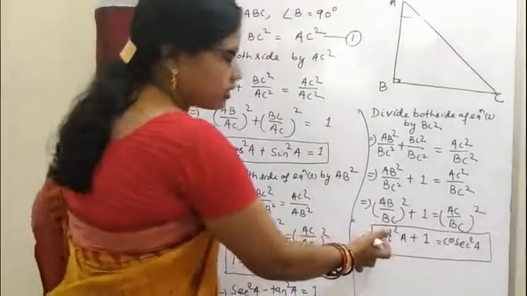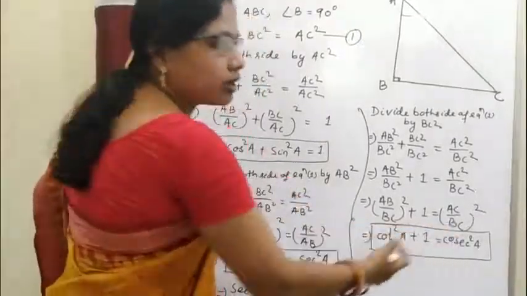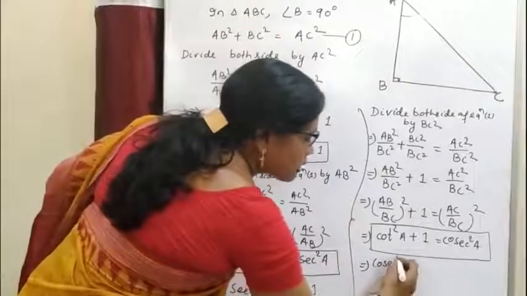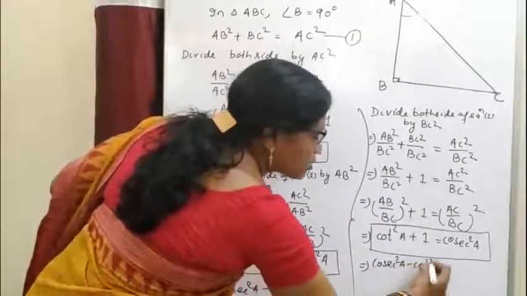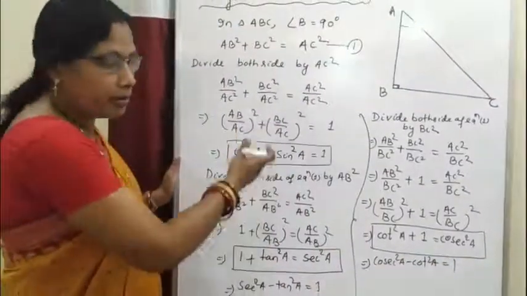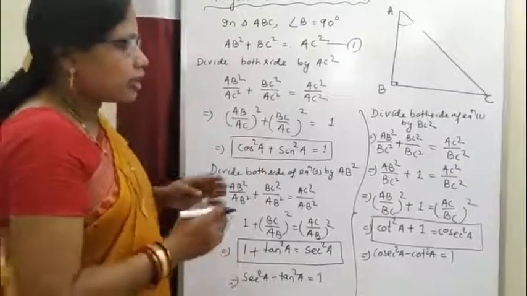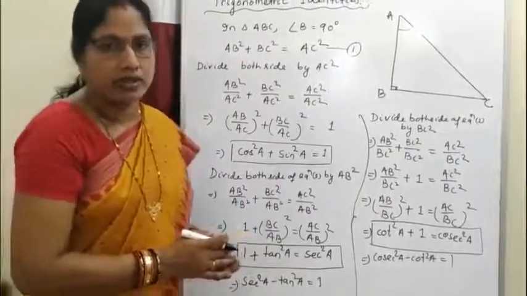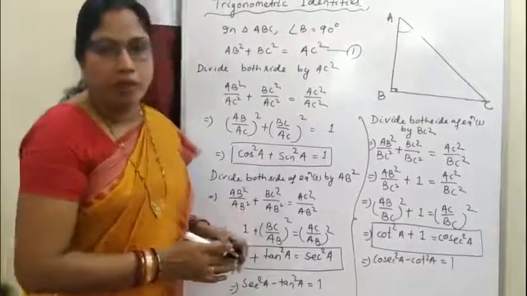Next is cot square A plus 1 is equal to cosec square A, or cosec square A minus cot square A is equal to 1. You have to remember these identities so that you will be able to solve problems using them. So let us solve some problems.